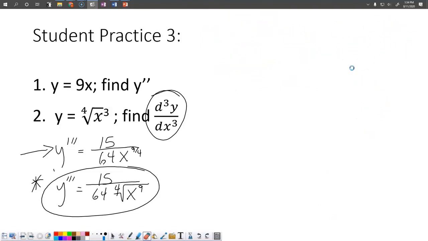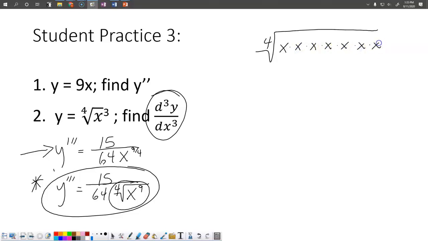And it's not calculus, it's just more old school math. They might actually ask you to simplify this a little bit, because you can. Do you guys remember how to find the 4th root of a number? Well, x to the 9th means you have 9 x's in there, right? 1, 2, 3, 4, 5, 6, 7, 8, 9. And a 4th root means you're looking for groups of 4 things that match.